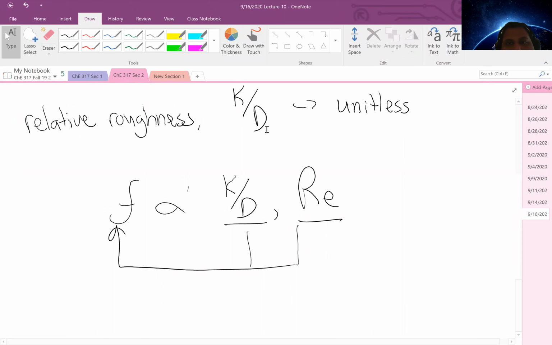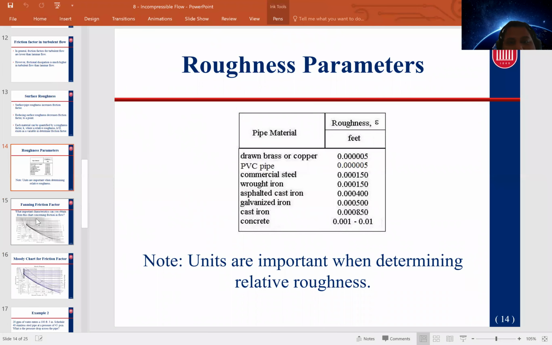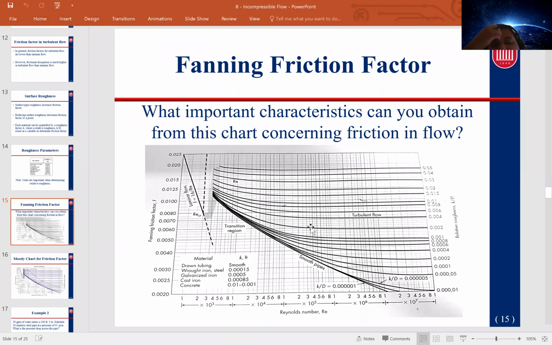Well, the way we do that is through the use of a handy dandy chart, which is known as the friction factor chart. For this class, we're going to be using this Fanning friction factor chart, where on the x-axis we see a logarithmic plot of Reynolds number, and on the secondary y-axis we see a logarithmic plot of relative roughness.